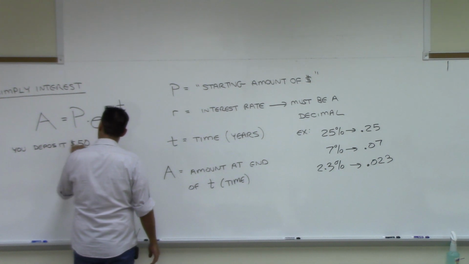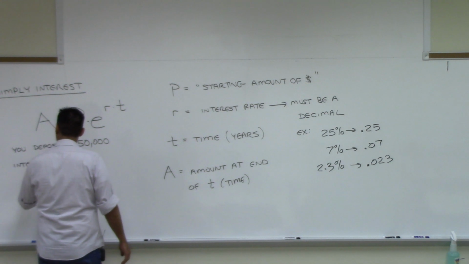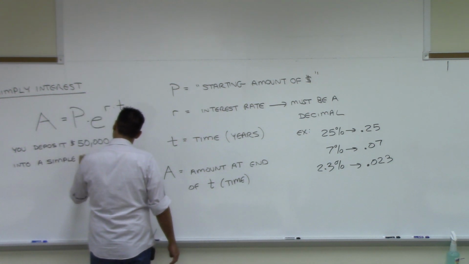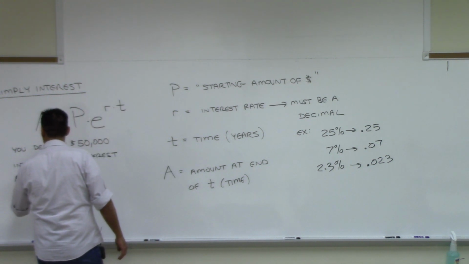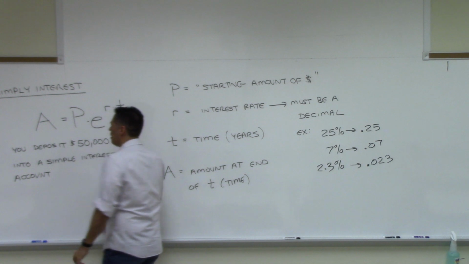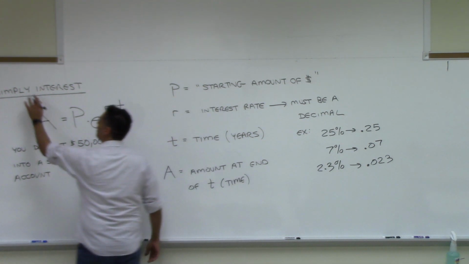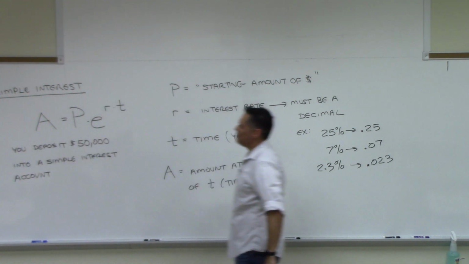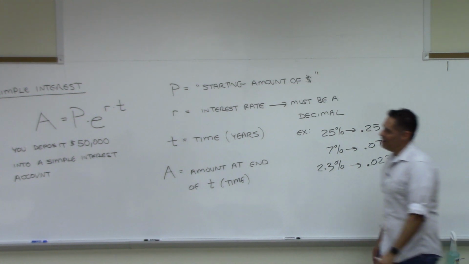$50,000 into a simple interest account. Now I have to say simple interest account because this formula is for simple interest. Sorry, that's supposed to say simple up here. But it is simply interest.